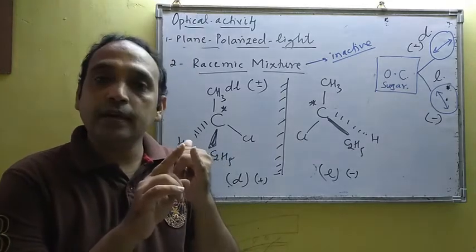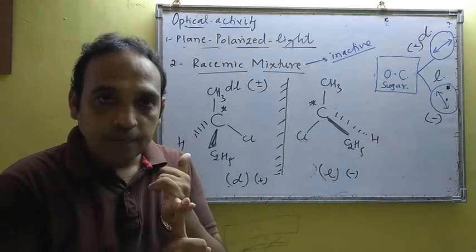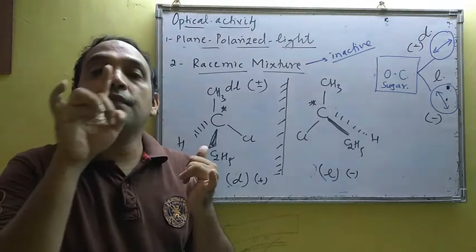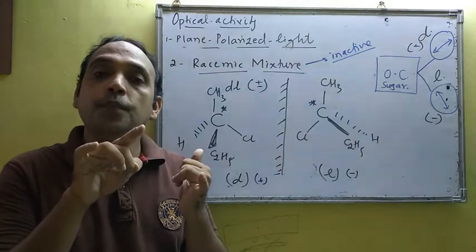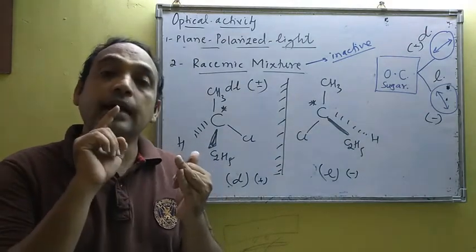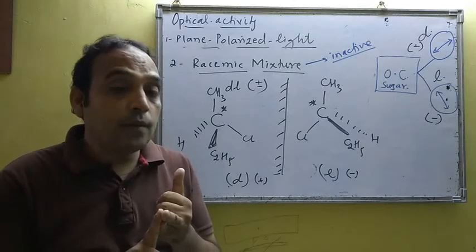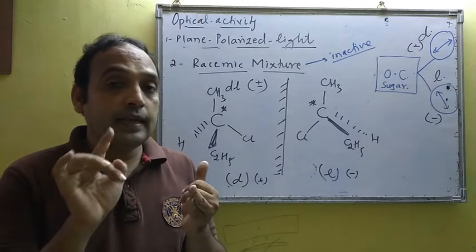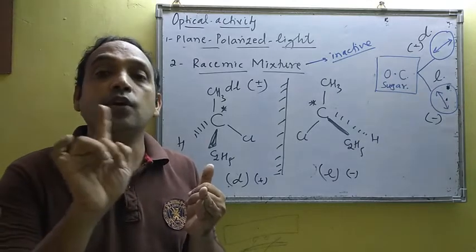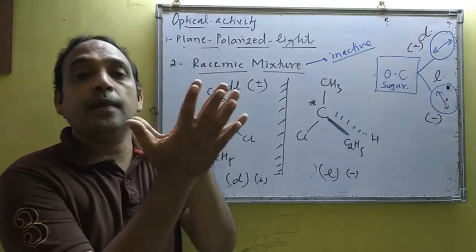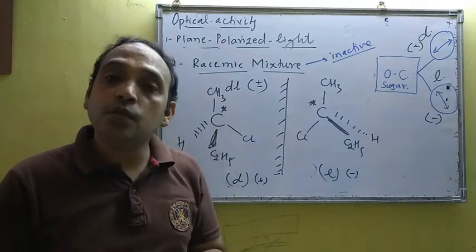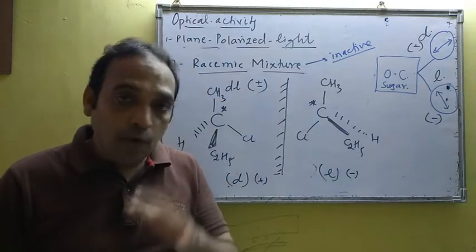So first point, chiral carbon: a carbon in a molecule which carries four different atoms or groups around it is called a chiral carbon. Second, chiral molecule: if a molecule contains a chiral carbon, it cannot be superimposed and is called a chiral molecule.